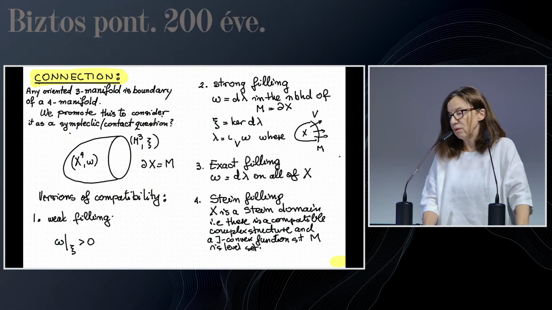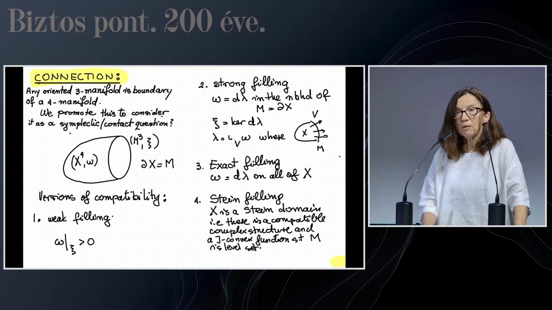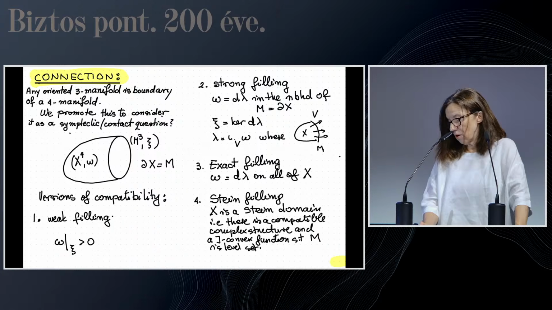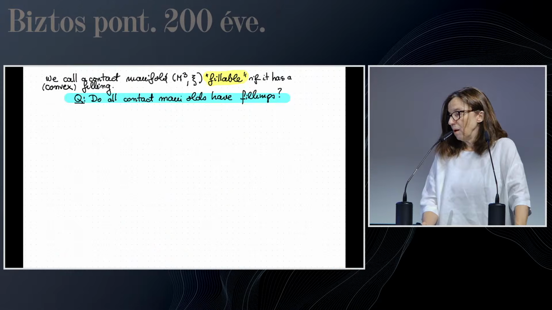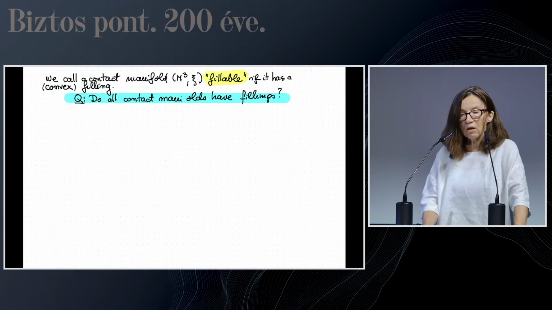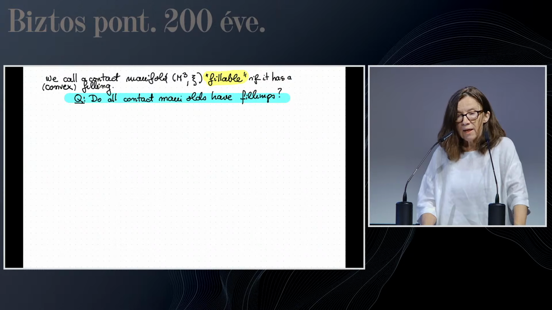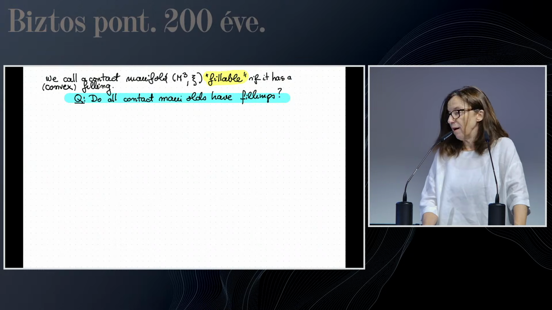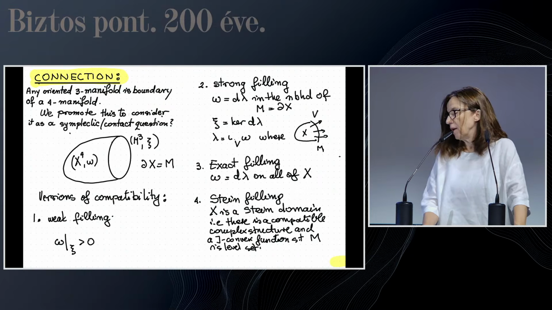And on the boundary, there is a contact structure, and we want this to be our contact structure. So we call a contact manifold fillable if it has what we call a convex filling, which is that condition about the vector field pointing out of the manifold X that has the appropriate condition.